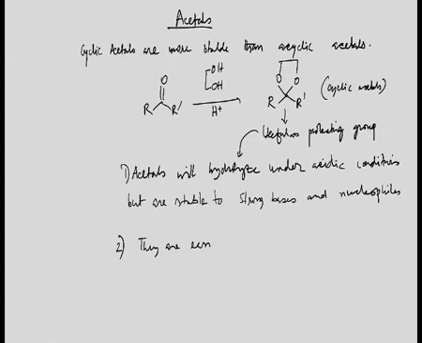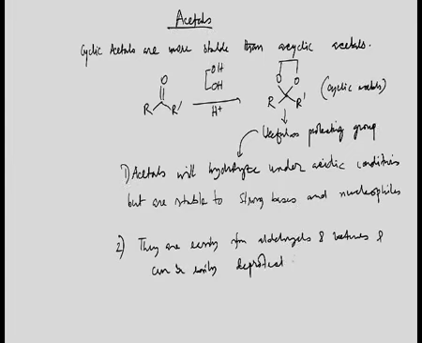They are easily formed from aldehydes and ketones, and we have already told they are hydrolyzed, so it can be easily deprotected. So these properties are good, and that's why it is called an ideal protecting group.